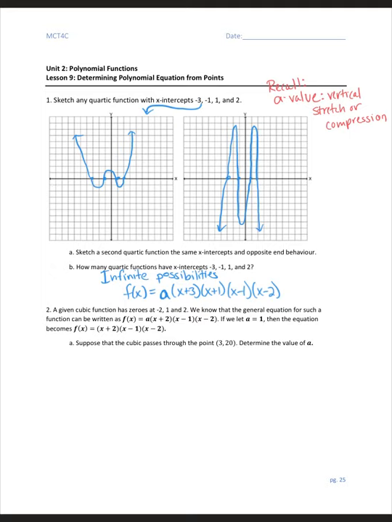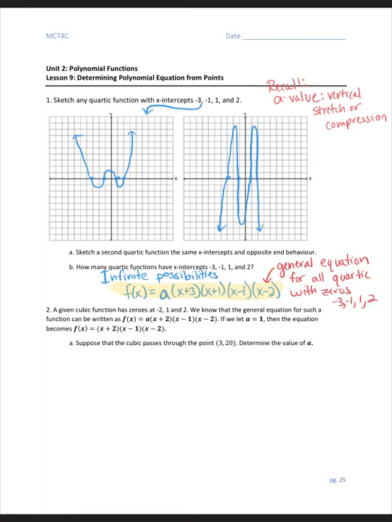And we can say that this equation represents the general form, or the general equation, for all quartics with zeros -3, -1, 1, and 2.